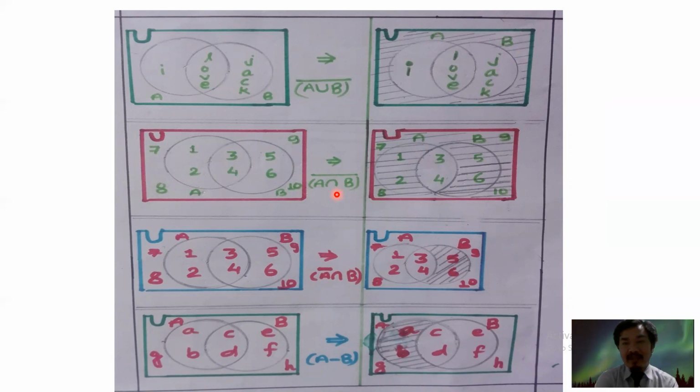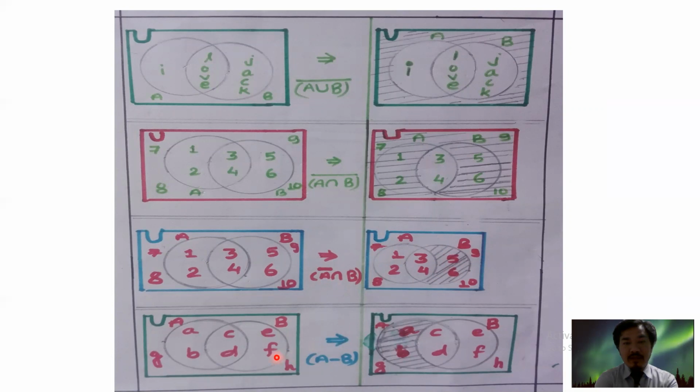Similarly, look here, A complement intersection B. A complement means except A, the remaining part. Its intersection with B means the common part of A complement and B. This part is common, and this is the shaded one: A complement intersection B.